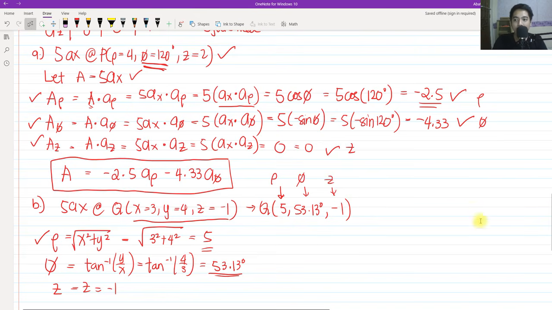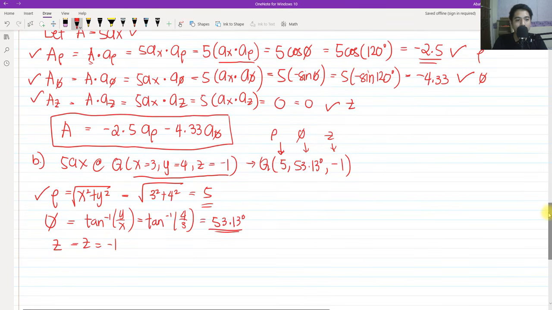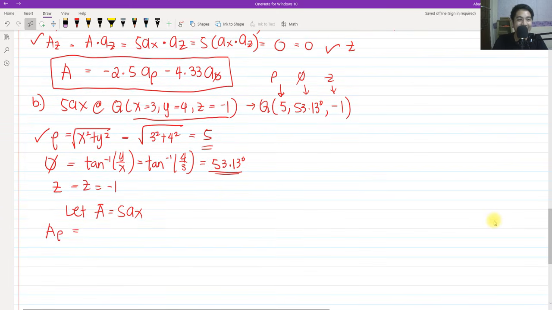So again, following the process from a while ago, we are going to let A equal 5 a_x, so that we have to get A sub rho, A sub phi, and A sub z, using again the dot product.